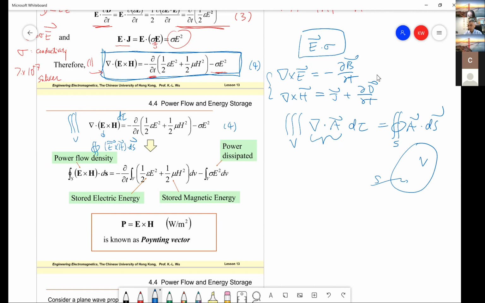That is a relation we already studied. Then the left-hand side becomes a surface integration. Sometimes I use this notation, sometimes that one, but they all indicate the surface integration over a closed surface. The left-hand side is clear.